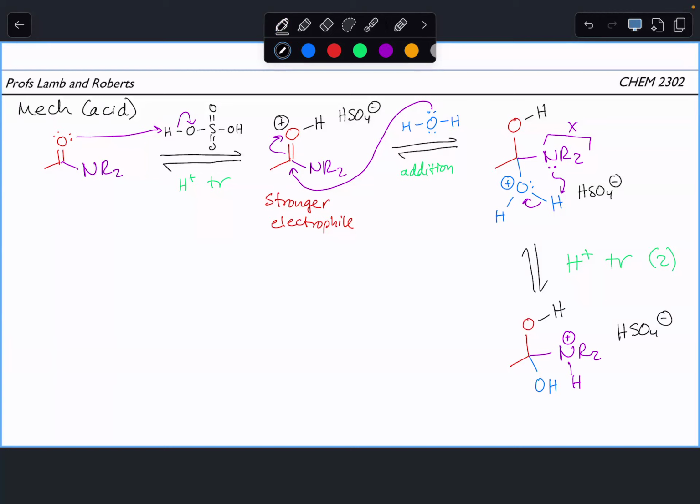Okay, so now this whole thing is a leaving group. We can now do our elimination step. Like every other elimination step, our carbonyl oxygen lone pair pushes down, reforms the carbonyl, and the leaving group leaves.